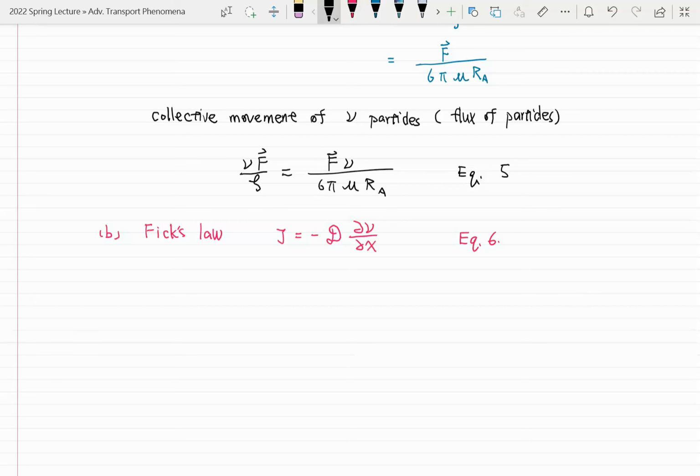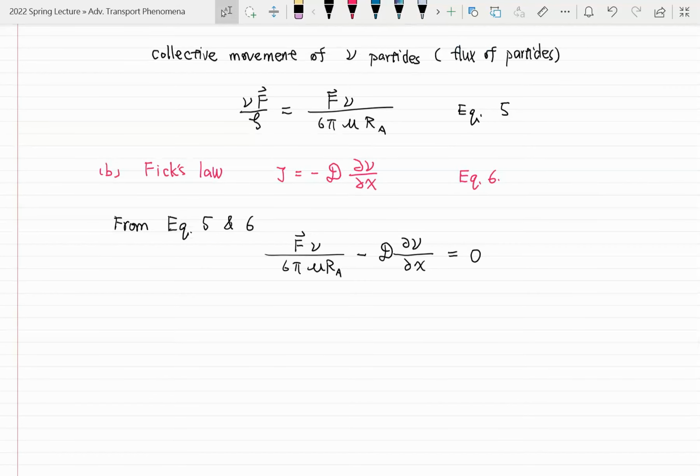So from equations 5 and 6, we know that the net movement should be 0. So F nu over 6 pi mu Ra minus the diffusion coefficient times partial nu partial x equals 0.